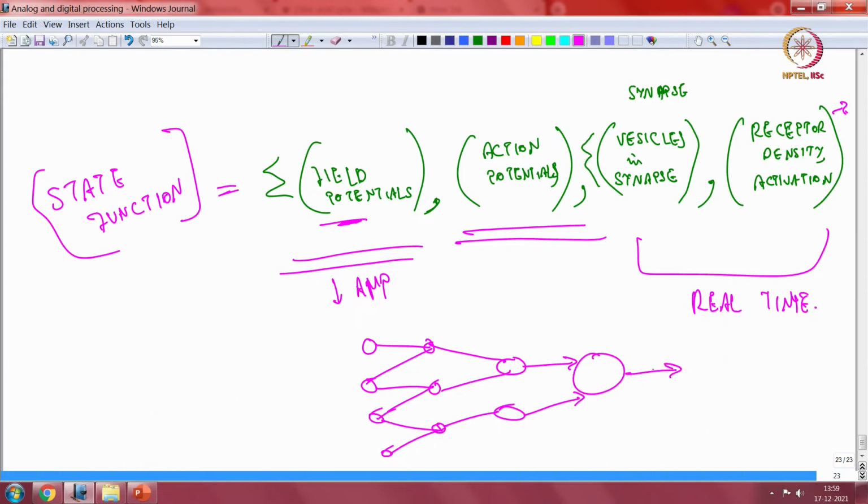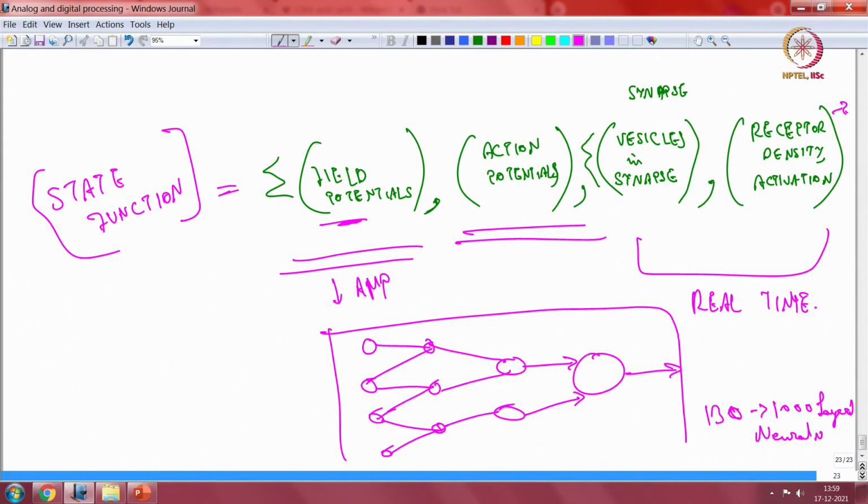That is how a neural network goes. But even if you have a 130, 140, 200, 1000 layered neural network, which you would use lots of GPU computing power to implement and design, you would still be replicating only the field potentials of dendrites. Thank you.